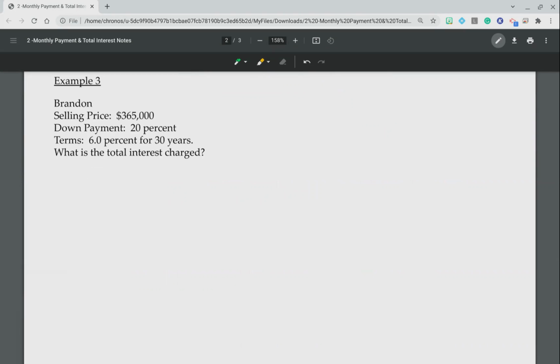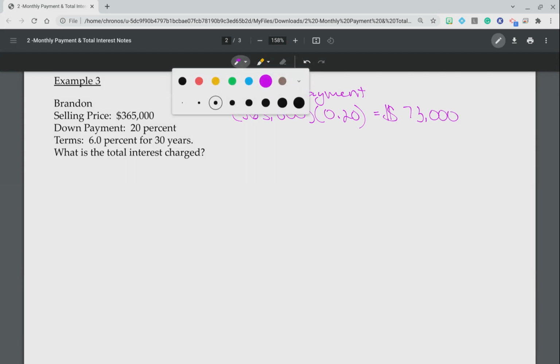Okay, so first thing we have to do, just like we did before, is we have to find our down payment. So I'm going to take the selling price and multiply it by our percent down payment, which was 20%. And I got that Brandon is putting down $73,000.